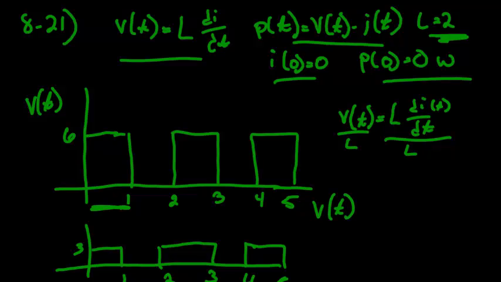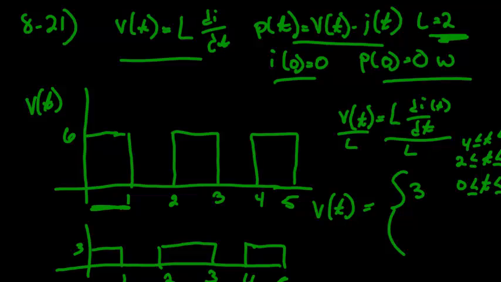So V of t is equal to 3 for the time intervals 0 ≤ t ≤ 1, 2 ≤ t ≤ 3, and 4 < t ≤ 5. Under these time interval conditions, V of t is equal to 3.